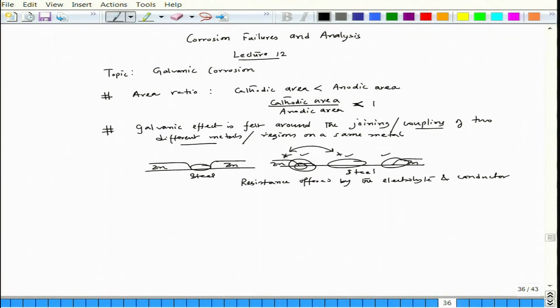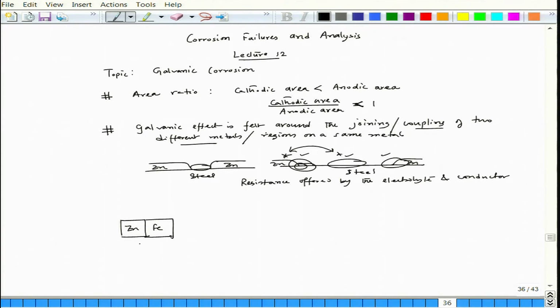Now, another factor we would like to consider. Before coming to the factor, let us see one example. Let us say I have two metal objects, let us say this is zinc, this is iron.